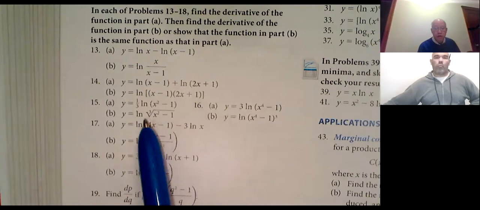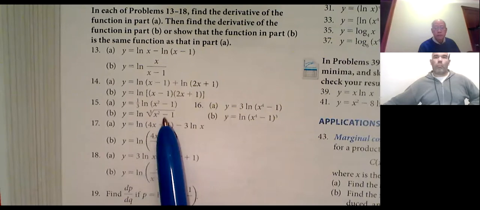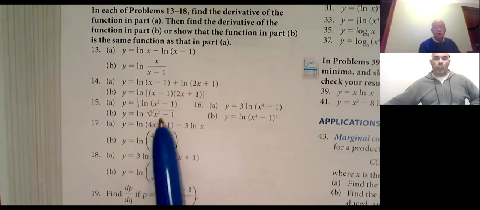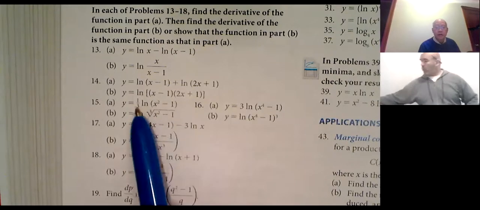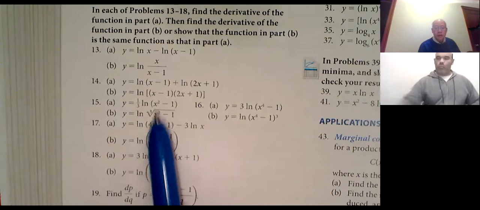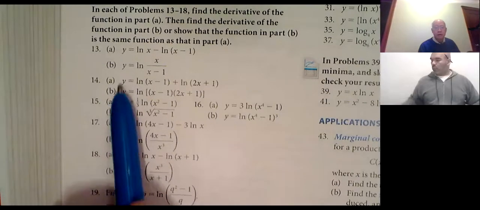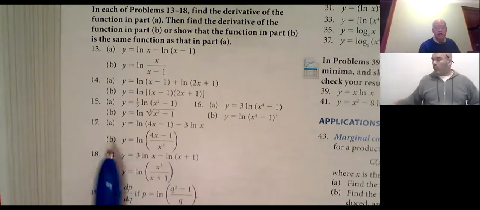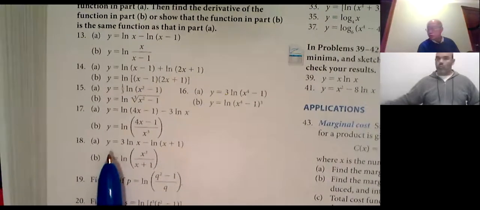Likewise for 15. This one looks harder. ln of cube root of x squared minus 1. Well, remember, cube root, you can think of it as raising something to the 1/3 power, and that's how they got the 1/3 out in front. So again, what I'm really trying to say for all of these problems, A and B are the same. A and B, they're equivalent. So do the easier one. Like for 18, which I may end up doing.